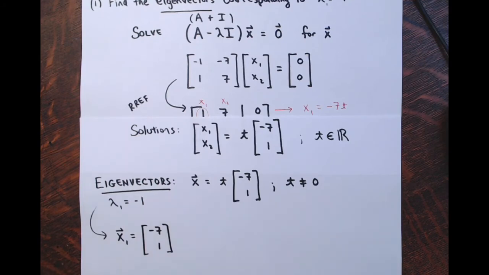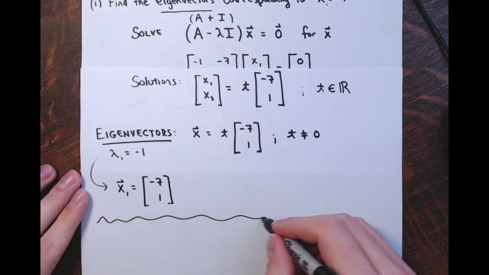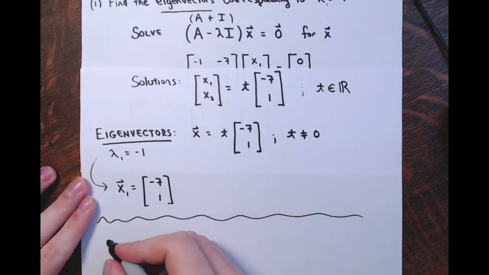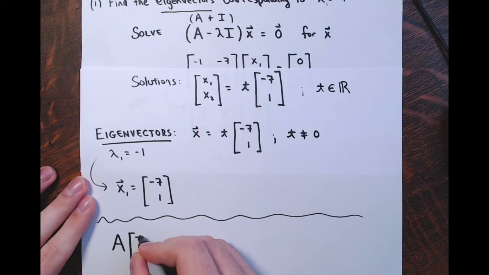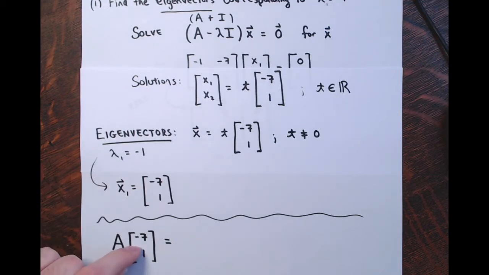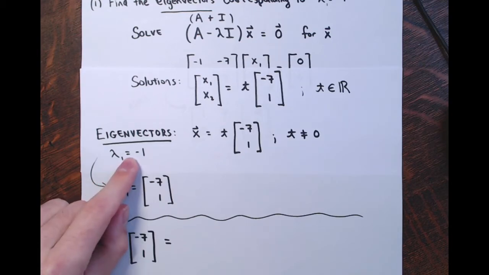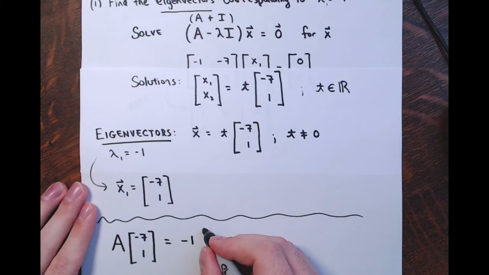And let's double check this. Let's look at some examples of this. So let's take A times this vector negative 7, 1. And according to this, negative 7, 1 should be an eigenvector of A corresponding to lambda equals negative 1. So this should be equal to negative 1 times negative 7, 1.